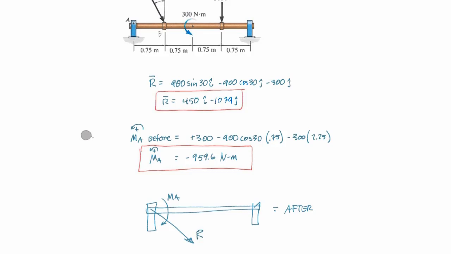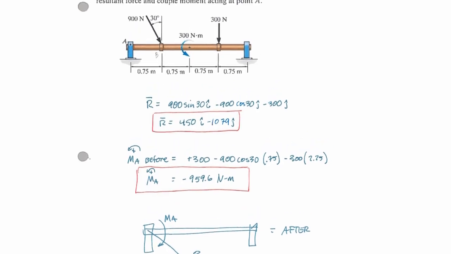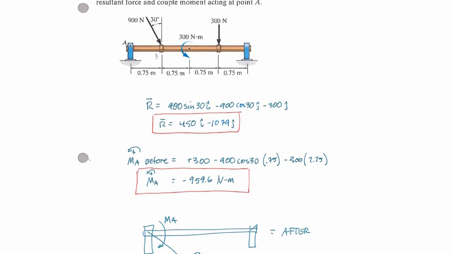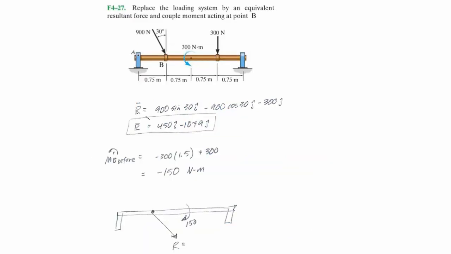What I want to do is use this problem and say, well, what about point B? In other words, if I were to say what's the equivalent force couple system about B, I could do that as well. So let's go to the next page. And here we have the same problem, except that we're going to do the moment about point B, or we're going to try to find an equivalent force couple system acting at B. The resultant force is going to be the same.